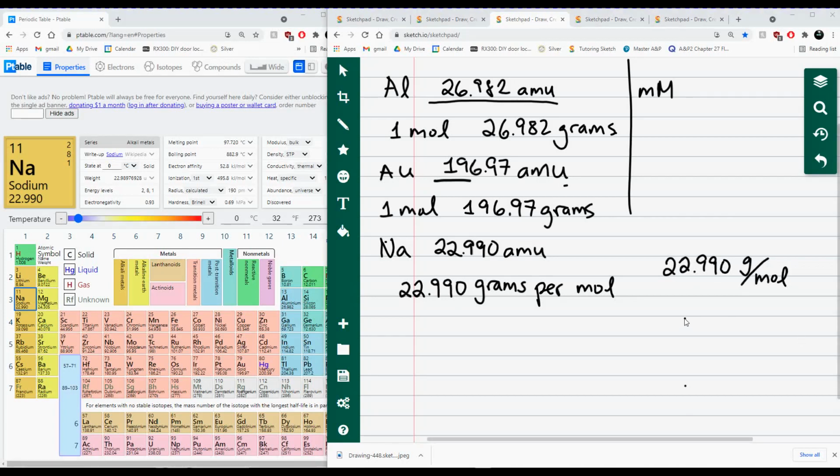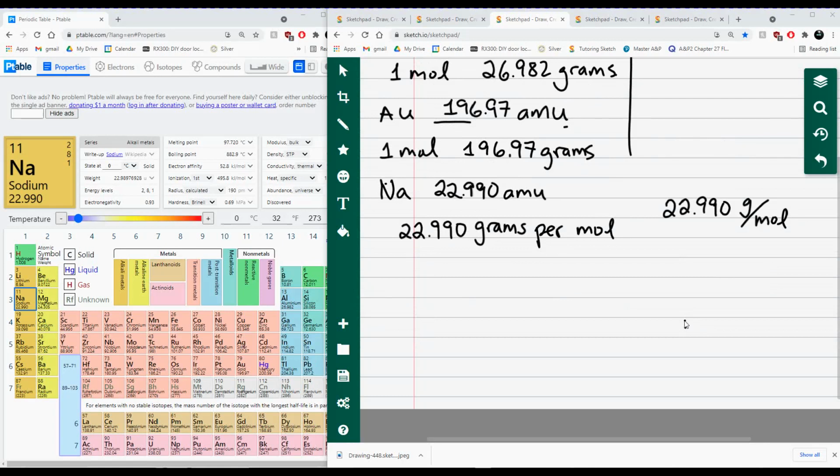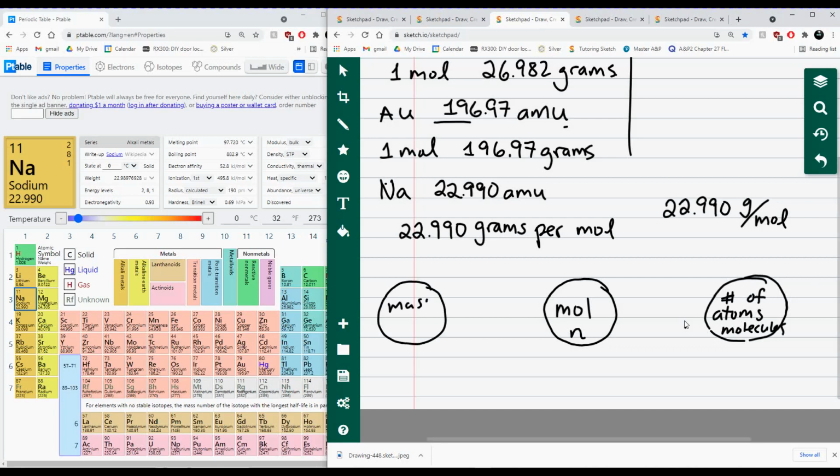Now I'll provide you with a symbol that allows you to calculate anything between moles, grams, and a number of atoms. So in the middle of this chart, I'm going to have the symbol for mole, which is typically written as an N. On the right side is going to be the number of atoms, or we could specify molecules. And on the left side, we're going to have the mass, which is written in grams.